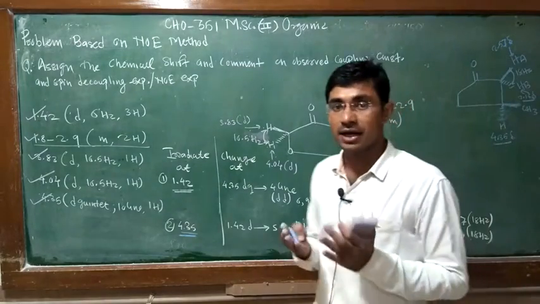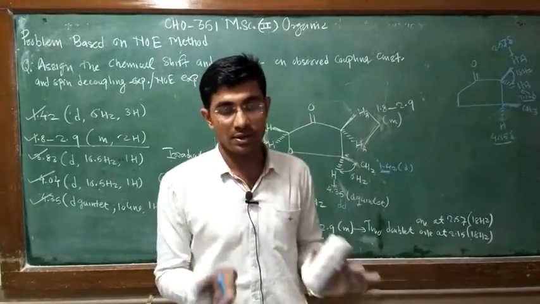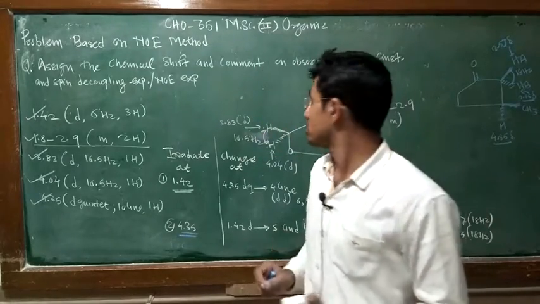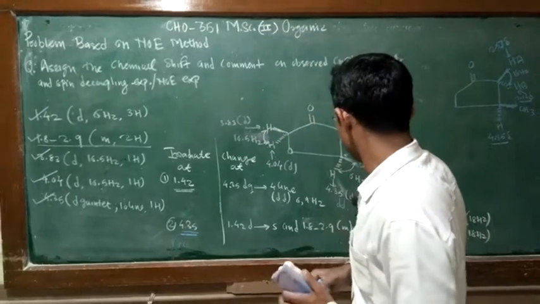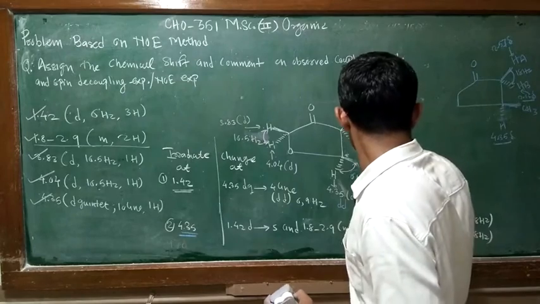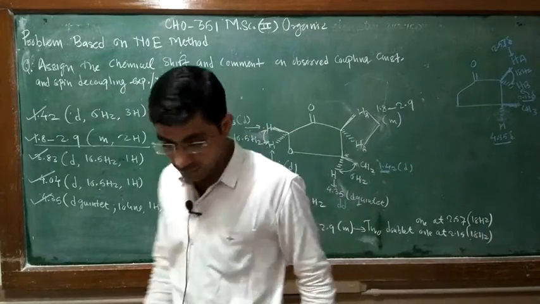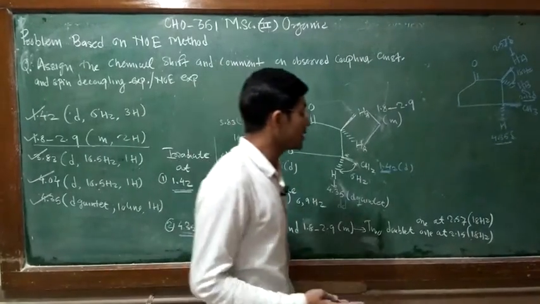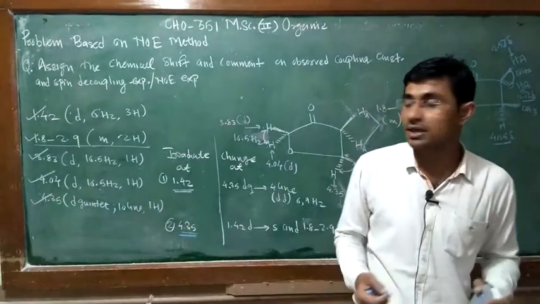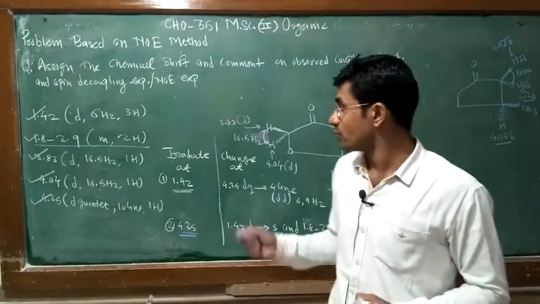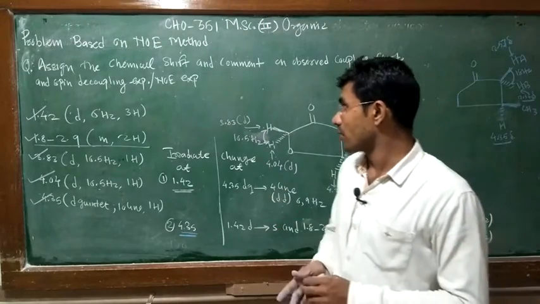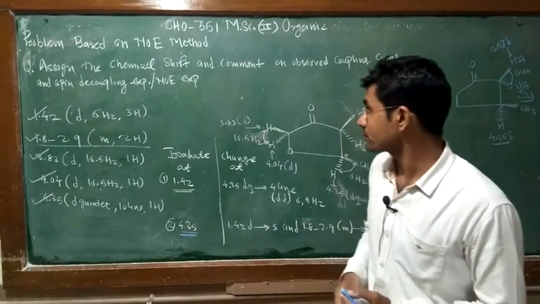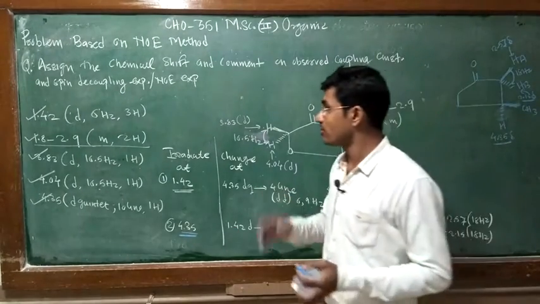Obviously they are coupled to each other by geminal coupling and show a doublet with 18 hertz. So in this way we can analyze that our assignment of signal is correct here, and in this way we can solve the problem.